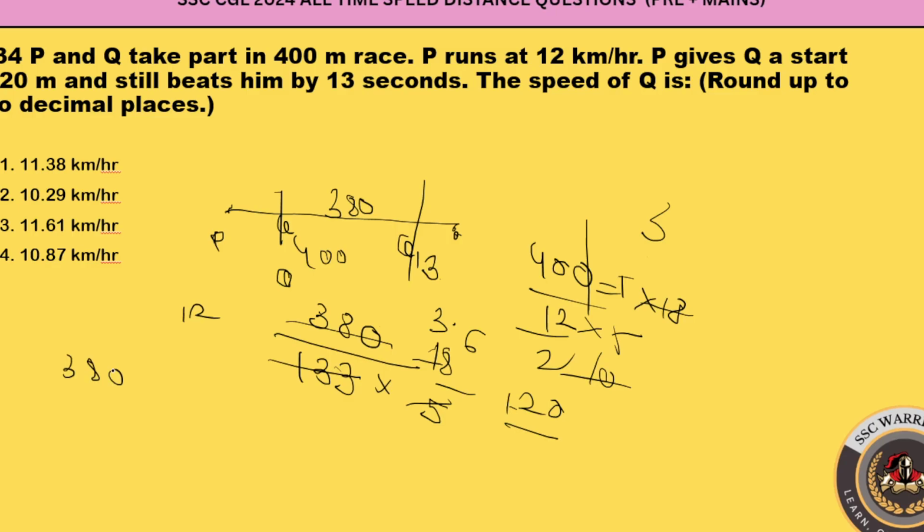Let this be 380 by 133. Now we know that this is 18 and this is 5. Cancelling this out, 76 into 2 gives 152.